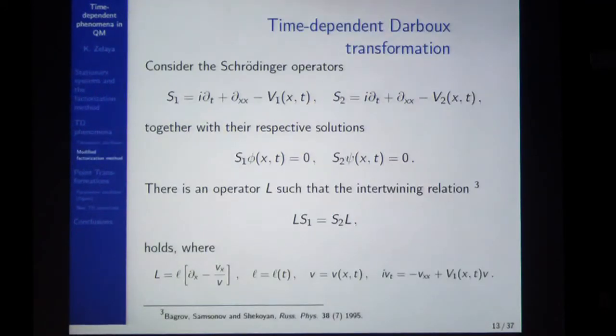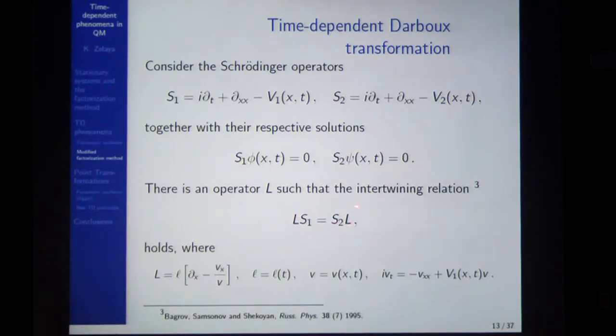I would like to remark that there is another approach introduced by Gross and Samsonov, in which they use a factorization method similar to the stationary one, in which we can generate new time-dependent models from either time-dependent or stationary ones. But this method has some flaws, and mostly it is these intertwining relations.